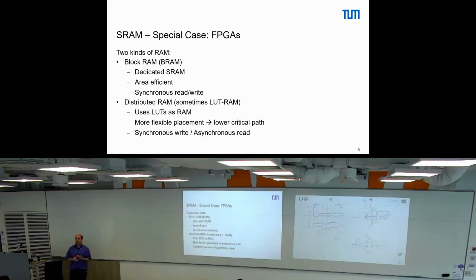Flip-flops usually require more area. Flip-flops are more than only 6 transistors, meaning your area increases. If you have a lot of memory cells, you would go for an SRAM. If you have only a few memory elements needed, you would go for flip-flops.